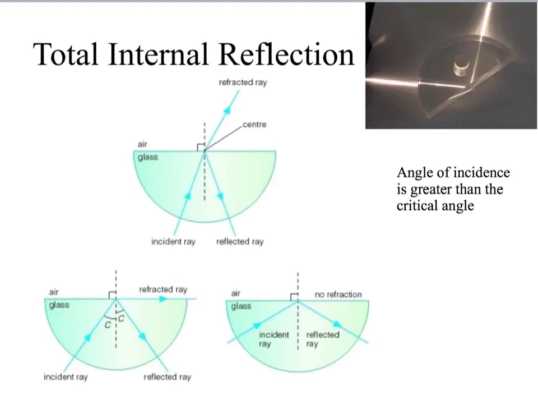All of the light will be internally reflected. And this is a situation called total internal reflection. It just means all of the light is reflected back inside the block. So we can say that total internal reflection happens when this angle of incidence is greater than the critical angle, with the angle of incidence being this angle here, the angle between the incident ray and the normal.